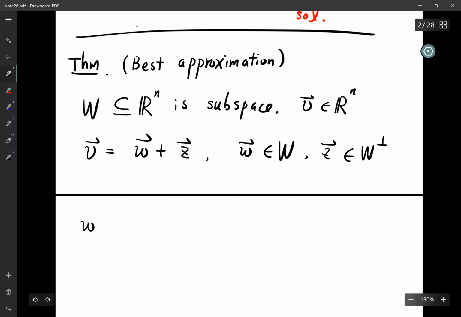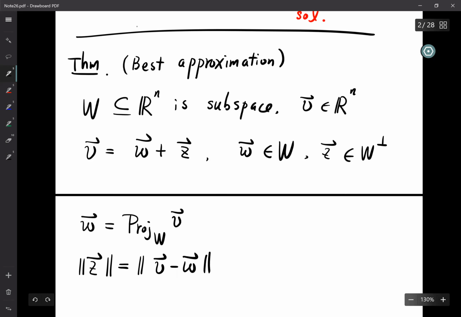Here, due to the uniqueness theorem, W is the projection of V onto the subspace. And we know that the length of Z, measured by V minus W, is smaller than or equal to the length of V minus W prime for any W prime in W.